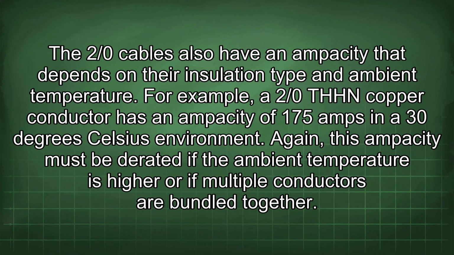The 2/0 cables also have an ampacity that depends on their insulation type and ambient temperature. For example, a 2/0 THHN copper conductor has an ampacity of 175 amps in a 30 degrees Celsius environment. Again, this ampacity must be derated if the ambient temperature is higher or if multiple conductors are bundled together.